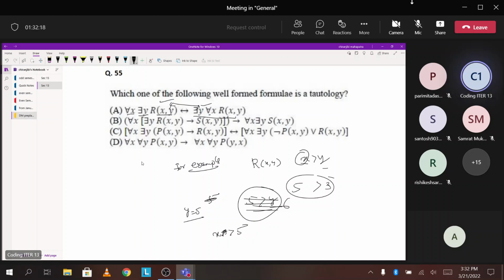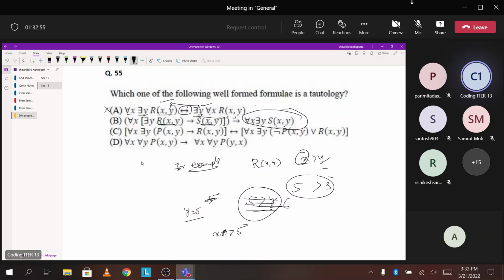तो ऑब्वियसली ये जो स्टेटमेंट आएगा इसके लिए ये फॉल्स हो जाएगा। तो इक्विवेलेंट से ये जो डबल इम्प्लाइज है वो ट्रू नहीं होगा, ये टोटोलॉजी कभी हो ही नहीं पाएगा। दैट्स व्हाई इट्स नॉट अ टोटोलॉजी। ओके, और ये यहाँ पे दिया है फॉर ऑल x देयर एग्जिस्ट r x और s x y, और यहाँ पे सिंपली s x y दे दिया है, r x y का कोई जिक्र ही नहीं है यहाँ पे। सो इन दिस केस ऑल्सो here two statements are there, but here only one statement is there, s x y.